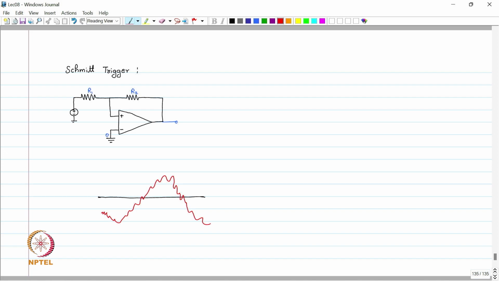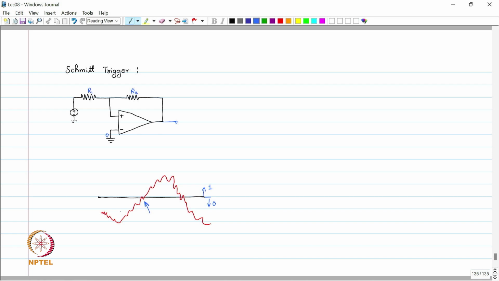So this is our signal, which is a sinusoid but full of noise. Now if we have a single threshold, just like an inverter works, anything above this will be detected as 1, anything below this will be detected as 0.